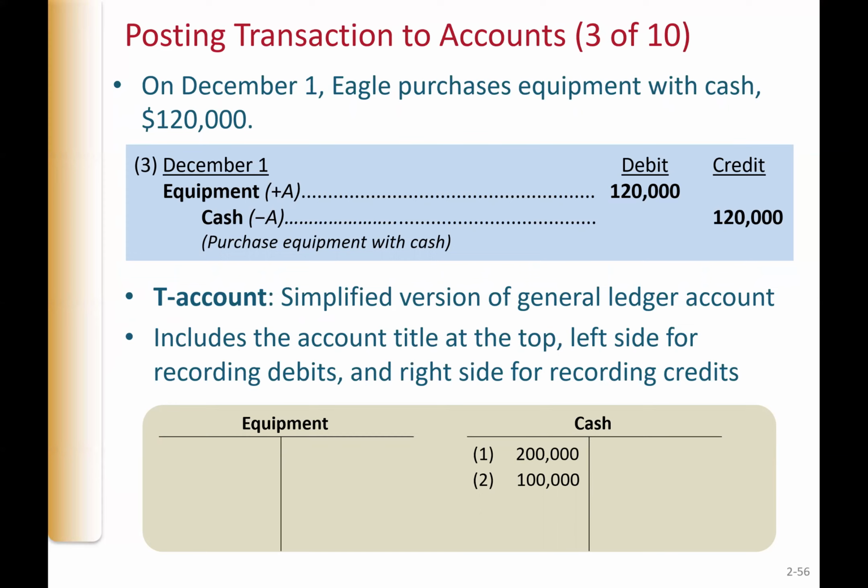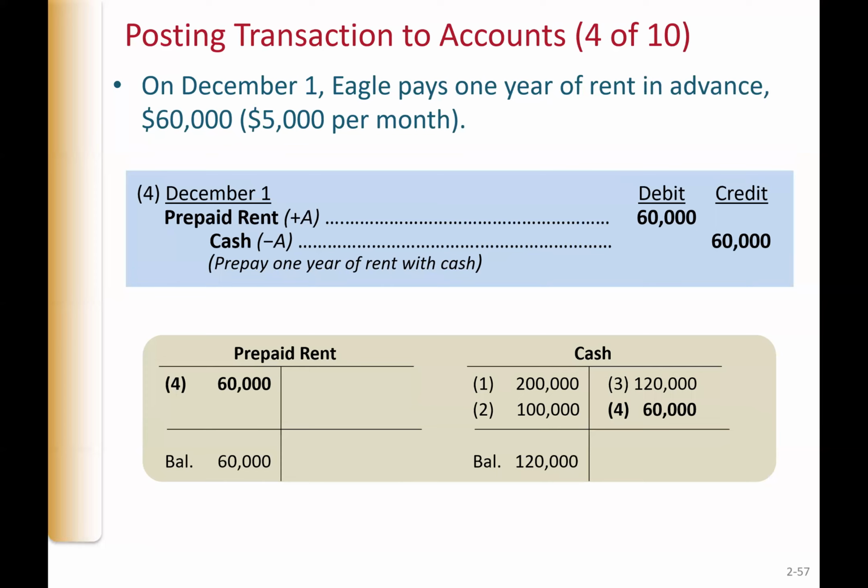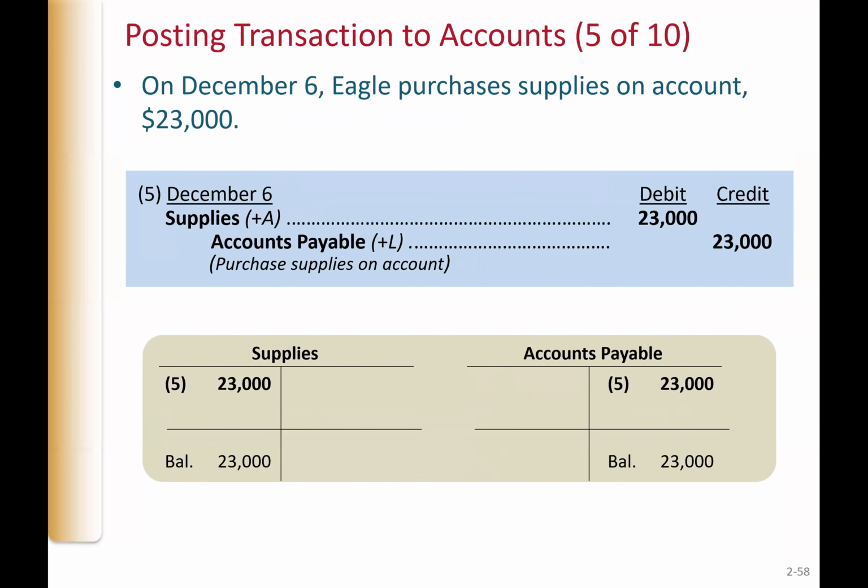Cash gets credited for 120,000. So we again can post those to the accounts. In this case, we're using a real simple T account to show debits on the left and credits on the right. With prepaid rent increased, it's an asset. Cash decreased. So we credit our cash when we decrease it.